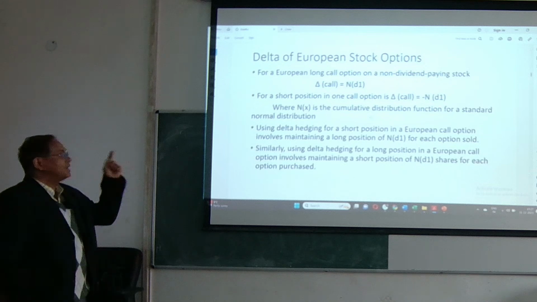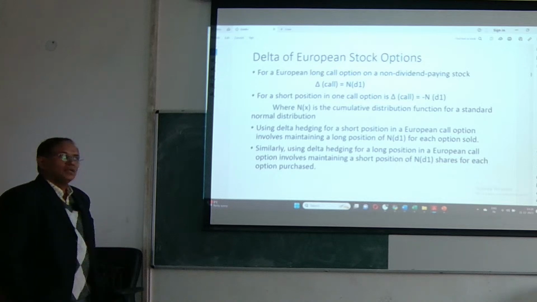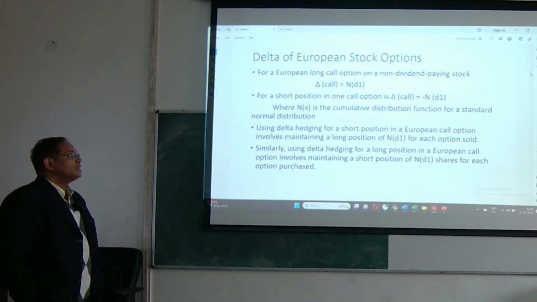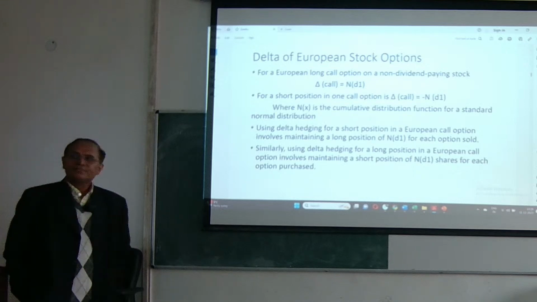So, it says that for a European call option on a non-dividend paying stock, delta of call is equal to ND1. So, delta is ND1.